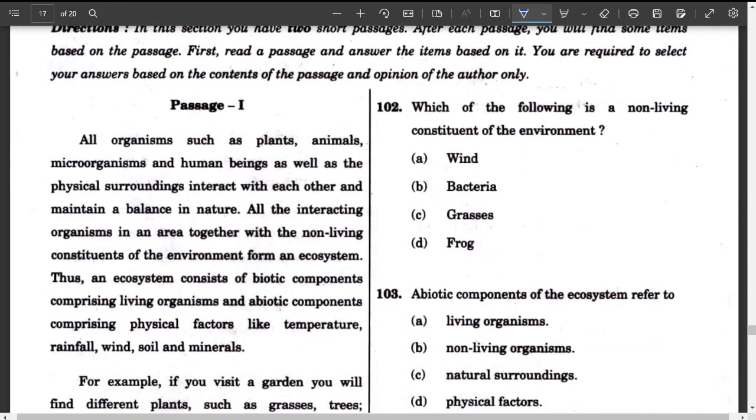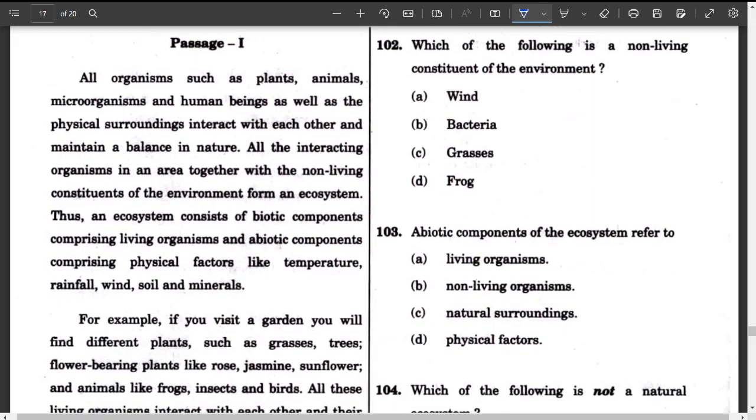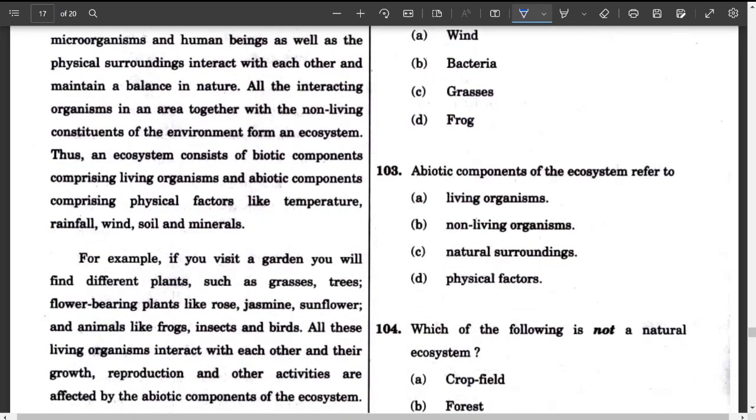Look at 102. Which of the following is a non-living constituent of the environment? What is a non-living constituent? Wind, bacteria, grass, frog. Okay. An area with the non-living constituents of the environment forms an ecosystem. Thus, an ecosystem consists of biotic components comprising living organisms, and abiotic components comprising physical factors like temperature, rainfall, wind, soil, and material.